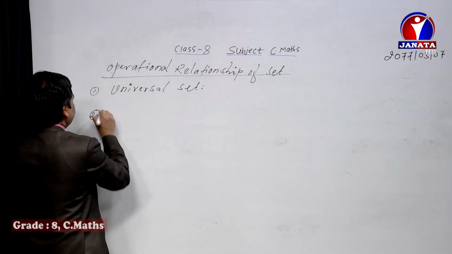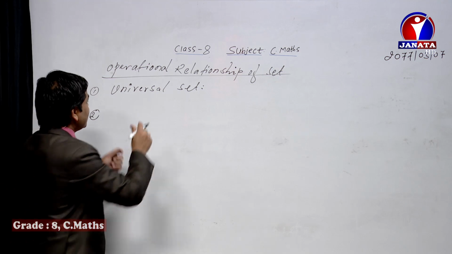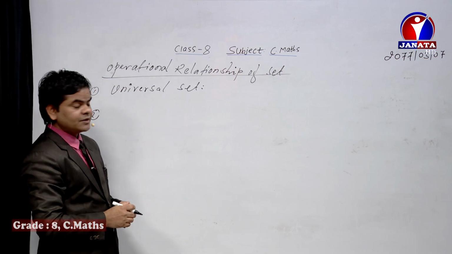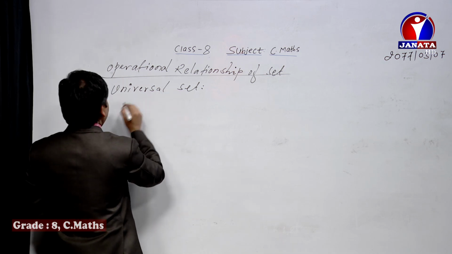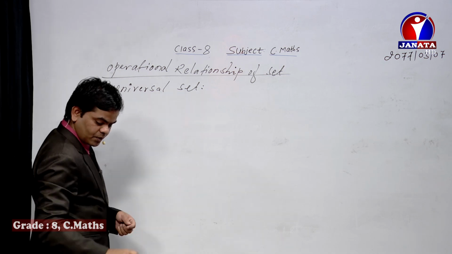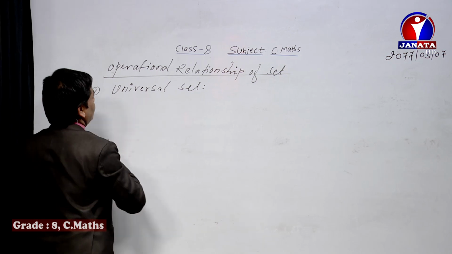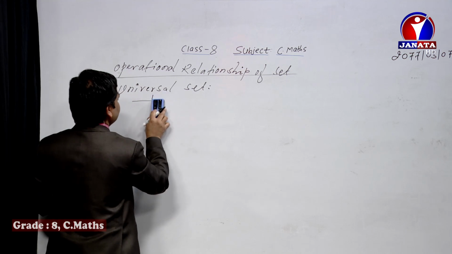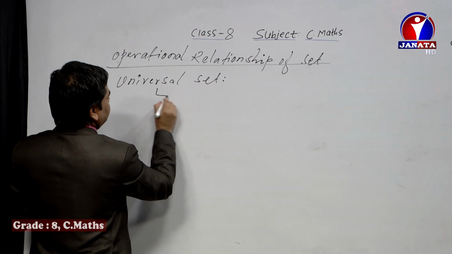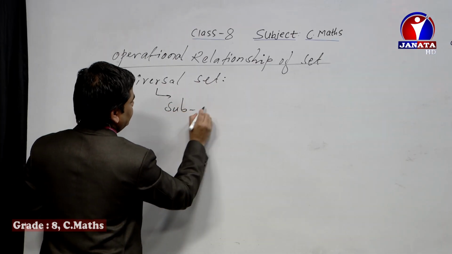Another one is that it has branches, dear students. Universal set has subsets. So, directly after writing the universal set, I want to focus on its branches. Only one branch we can keep here, that is subset.